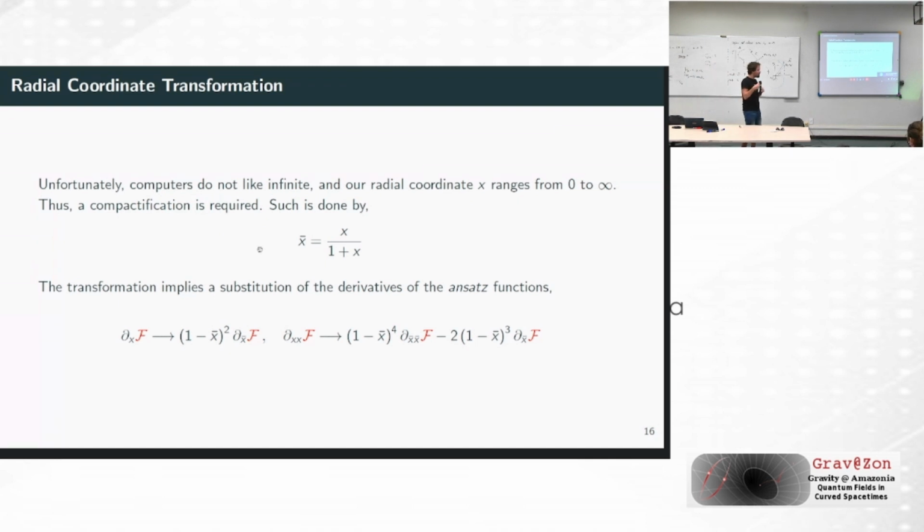So instead of going from 0 to infinity, you go from 0 to 1. We introduce this x bar in this way. And now instead of doing everything all over again, you just have to change the derivatives of x. You can do this transformation, and in the code you write this, and everything will be well defined.